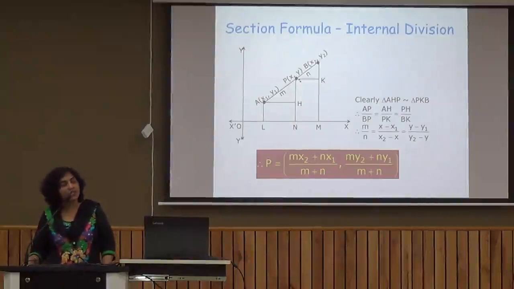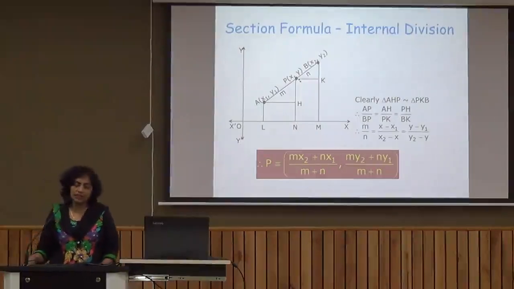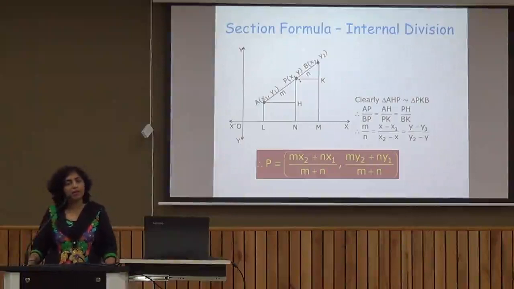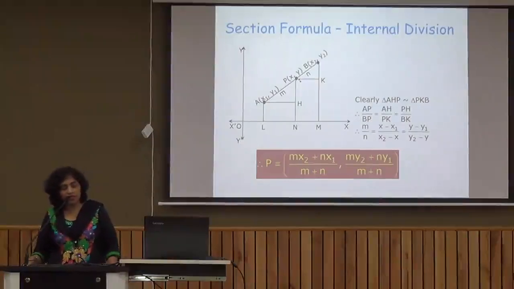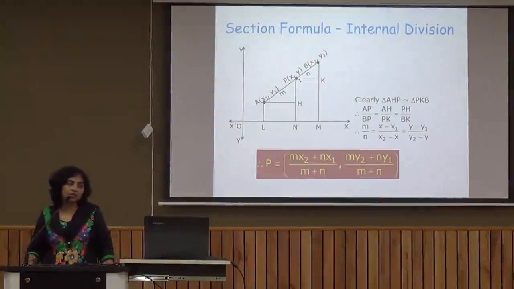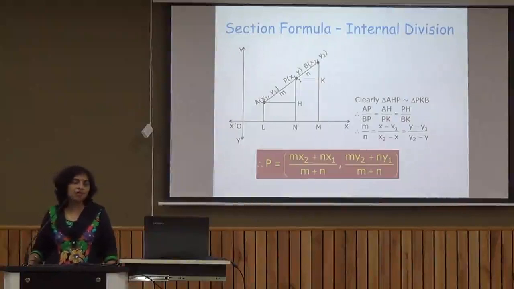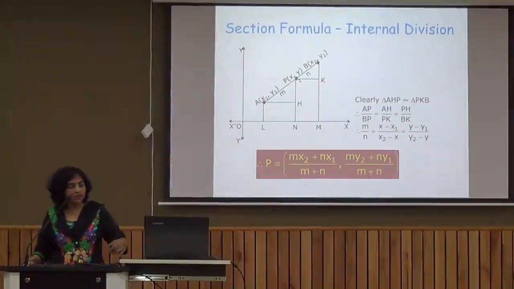AH upon PK is (x minus x1) upon (x2 minus x), which is equal to (y minus y1) upon (y2 minus y). When we solve, taking the x part and y part separately, we get x as (mx2 plus nx1) upon (m plus n), and y is equal to (my2 plus ny1) upon (m plus n).